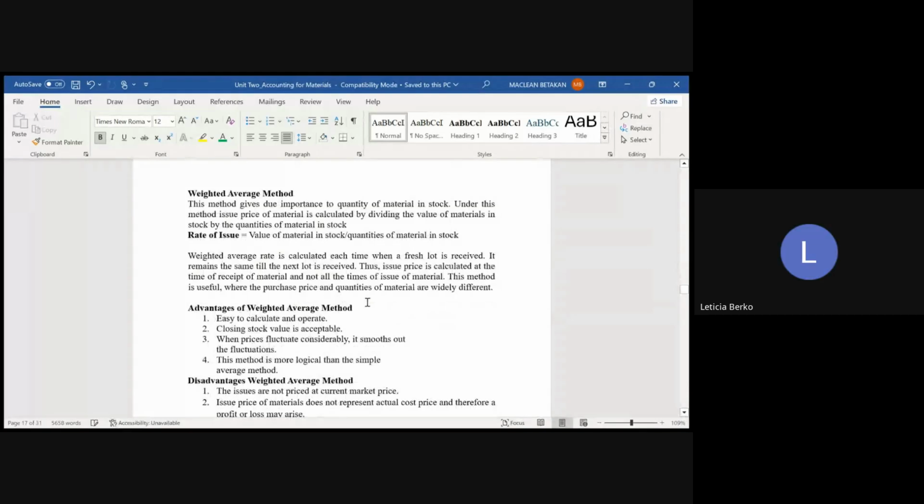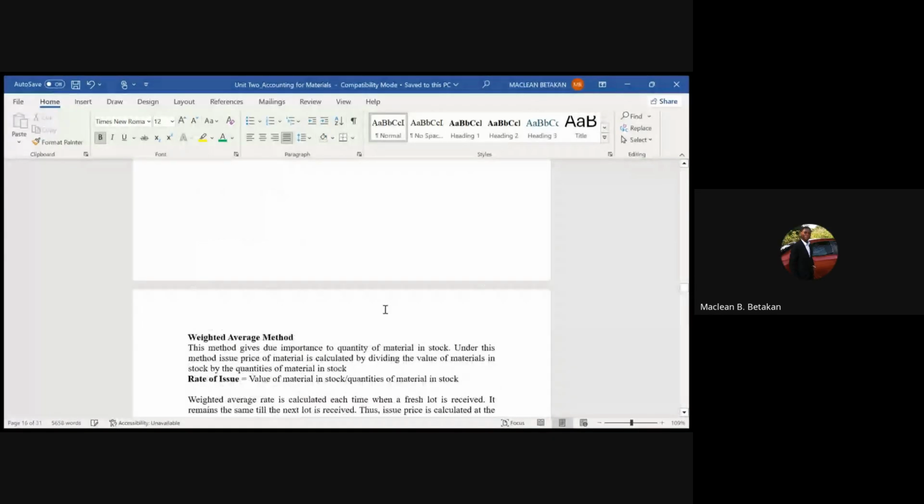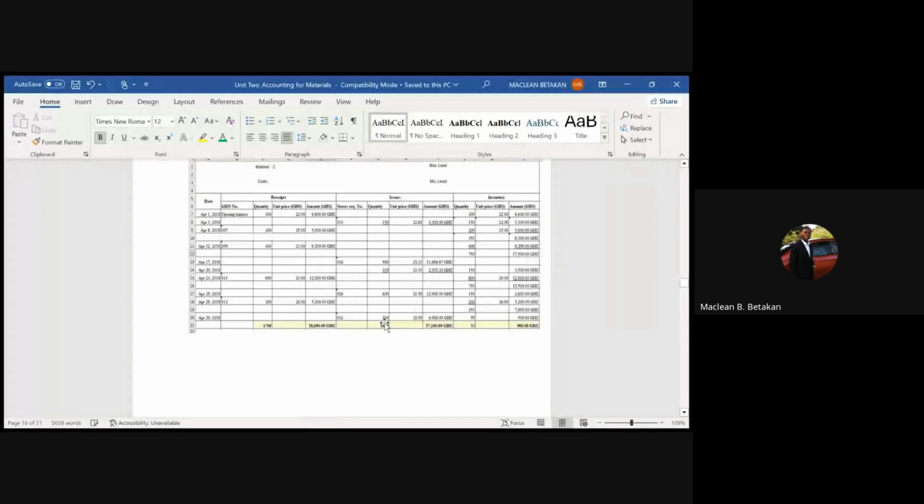Sir, please again. We are interested in weights. So here we're just looking at the simple average price. But with the weighted average, the last method, we are interested in this amount and this quantity. So this amount and the quantity will help us to get the price.